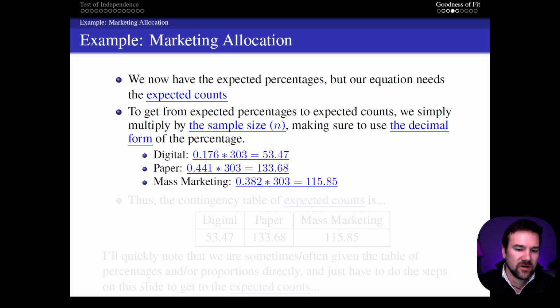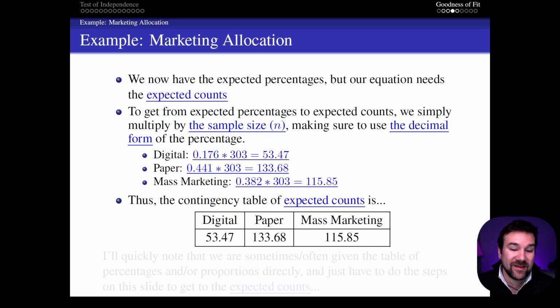And for mass marketing, I take the percentage in decimal form, multiply by 303, and get 115.85. So my contingency table of the expected counts, I just put each of these in the table. I get 53.47 for digital, 133.68 for paper, and 115.85 for mass marketing. And now I'm ready to go and calculate my test statistic.